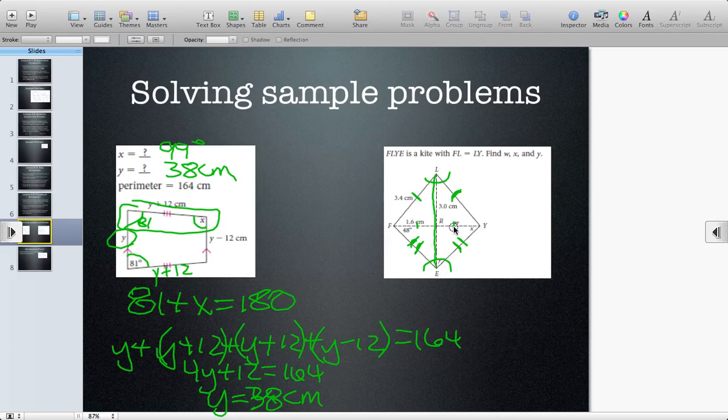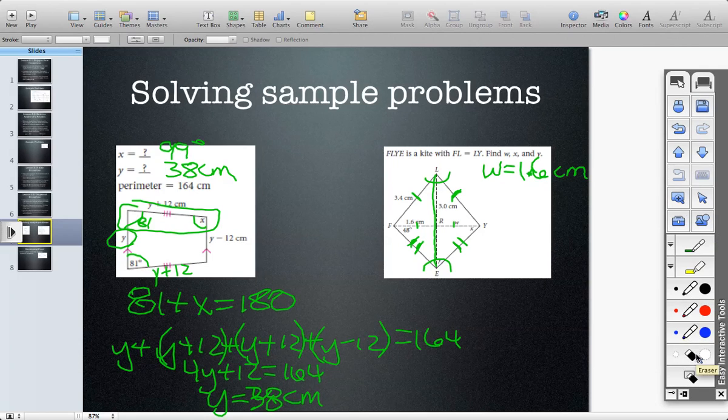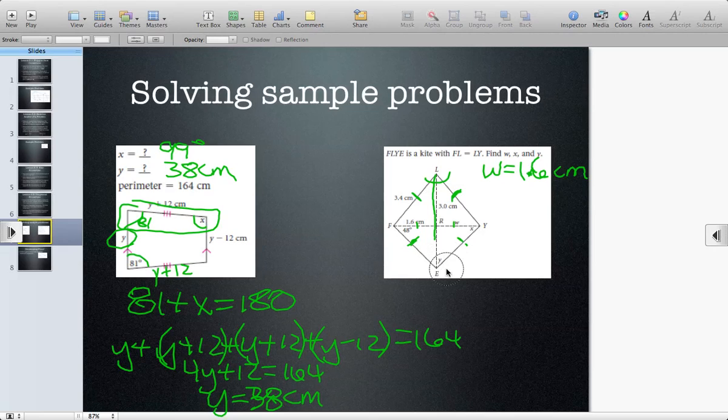Alright, so if one half of that, if FR is 1.6, that means RY, which is W, lowercase w, is also going to be 1.6. All right, so there's one of the variables down. Now we've got to take a look at the other ones. Let me erase something in here so you can see where the y is, kind of hovering, hiding it over here.